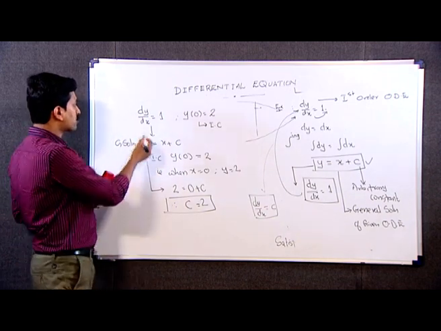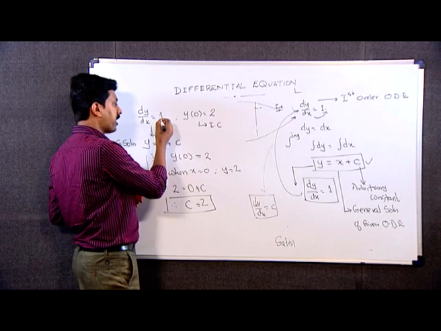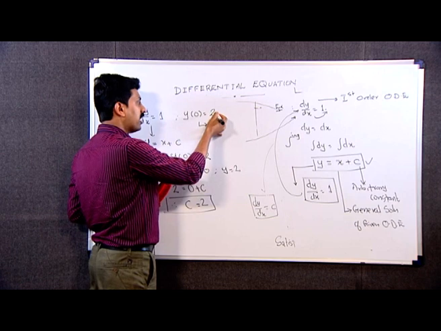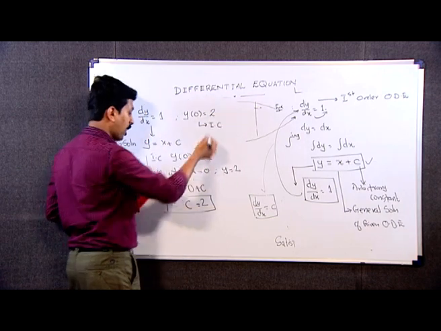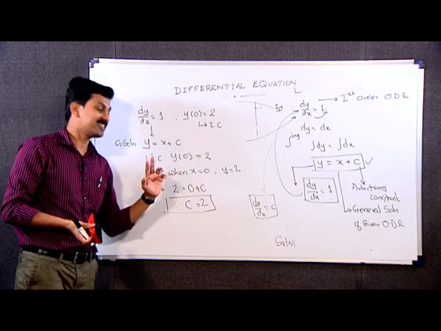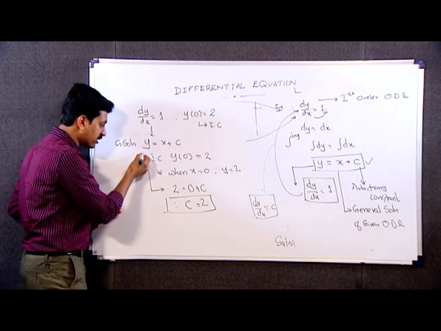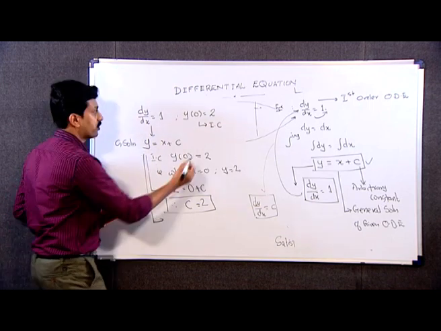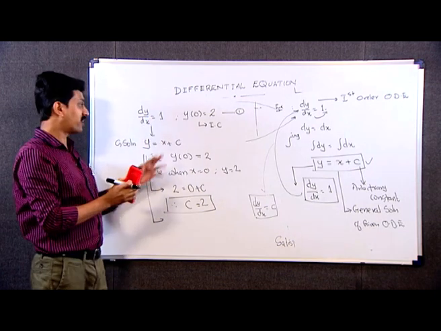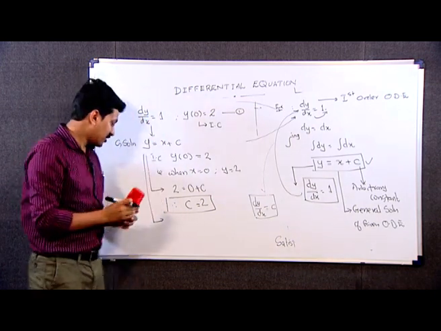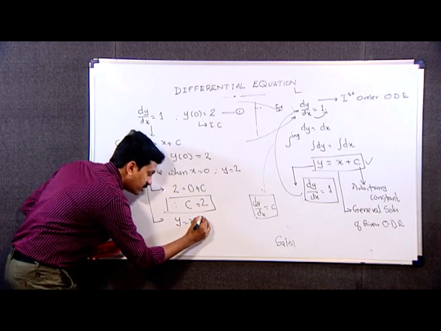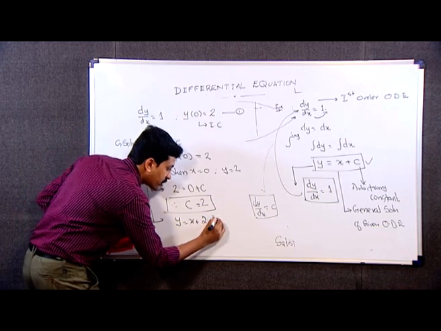So, we have the solution of the equation dy by dx equal to 1 with the initial condition y of 0 equal to 2. Now we have got a particular value for c, instead of the general solution. Taking these two as equation number 1, including dy by dx equal to 1 and y of 0 equal to 2, we can say that the solution y is equal to x plus 2 is a solution of 1.